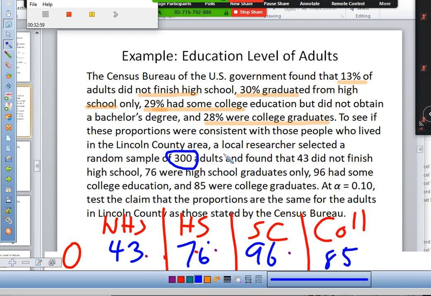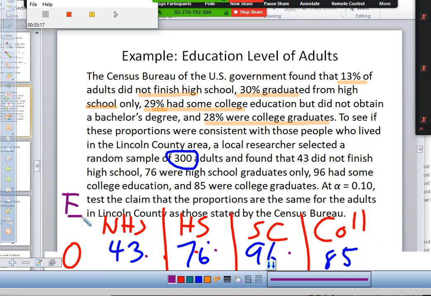So here I had 43 of them did not finish high school, 76 were high school only, 96 had some college, and 85 were college graduates. So here are my numbers. Now my expecteds. Let me put them up above here for a second.